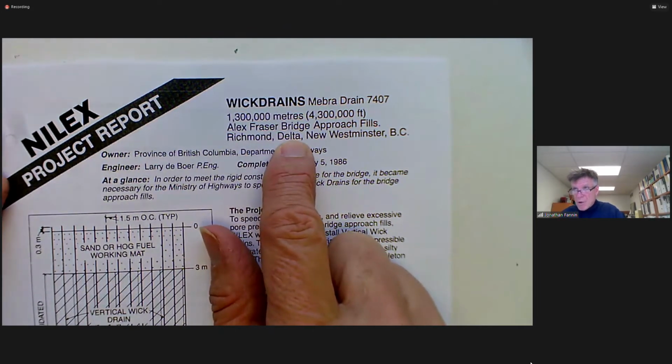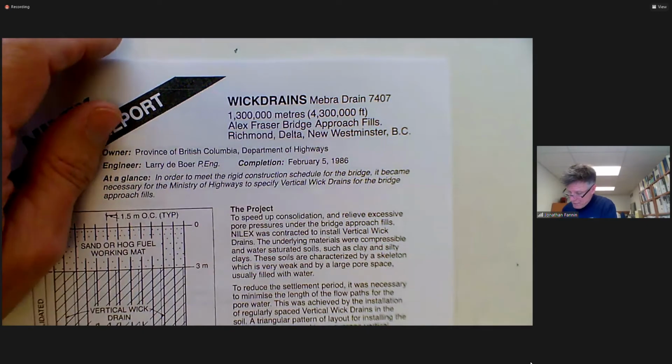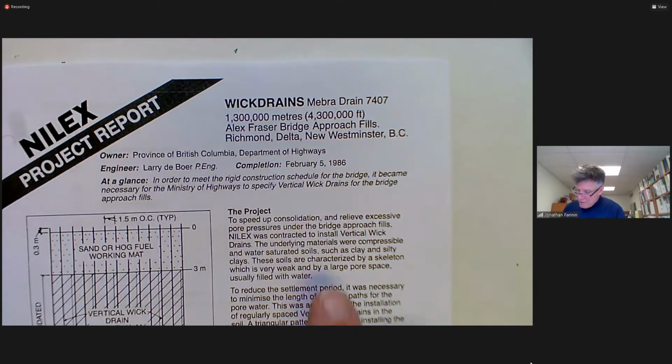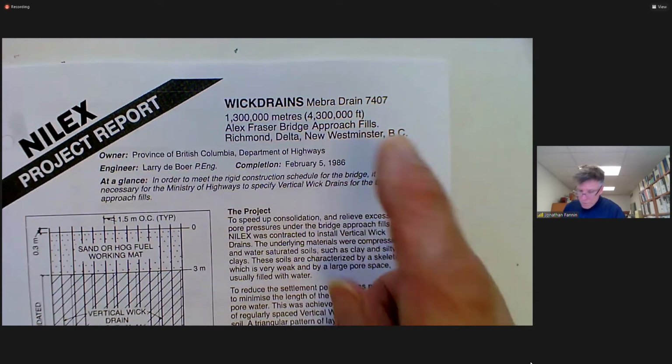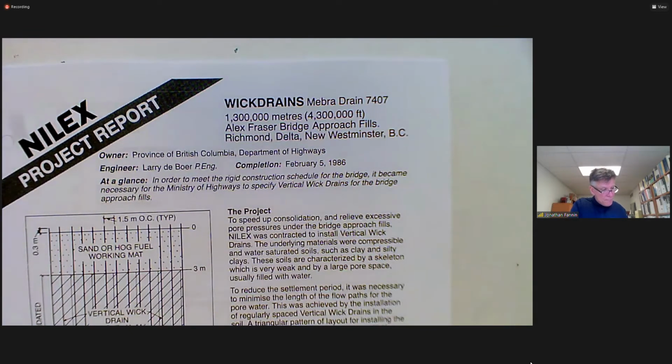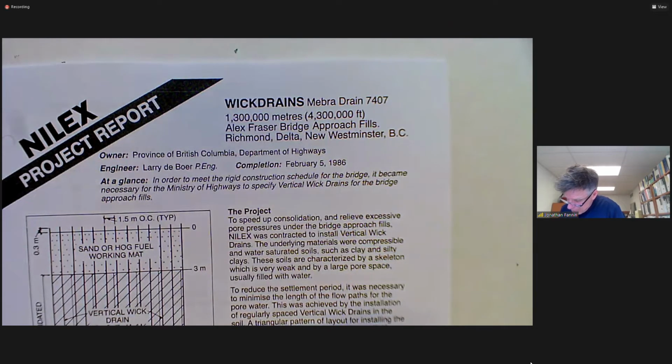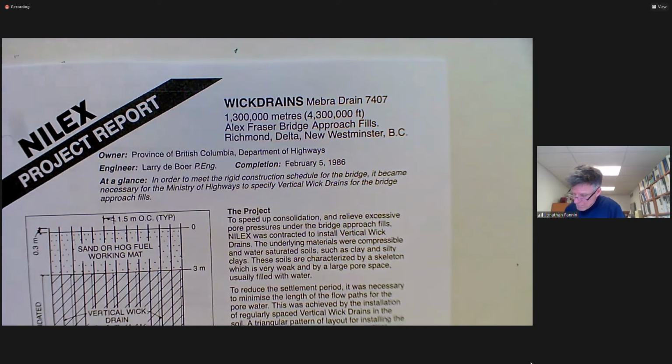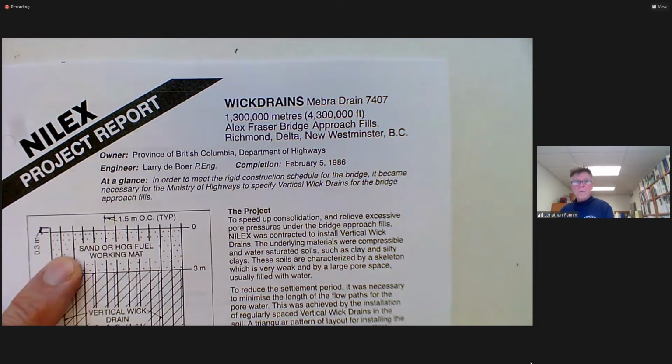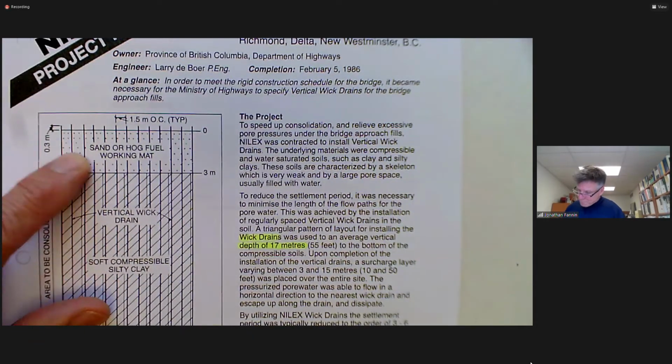It's a suburb essentially of Vancouver in the Tri-Cities, and wick drains were installed to a depth of 17 meters. There's our 17 meters from a working platform.